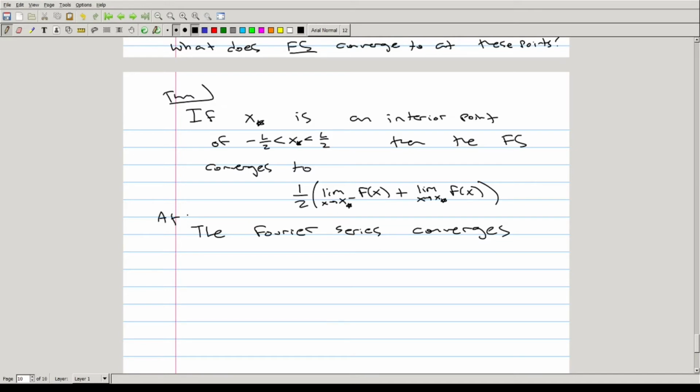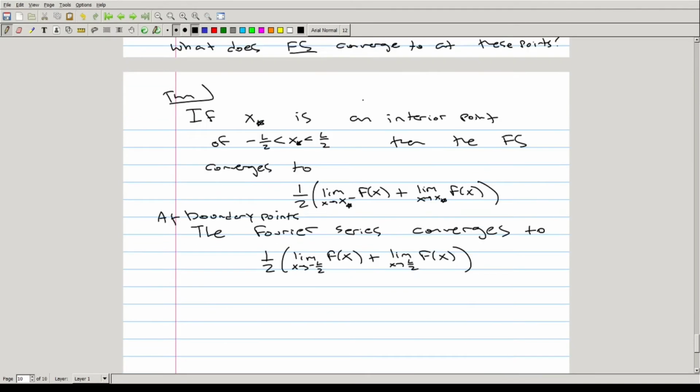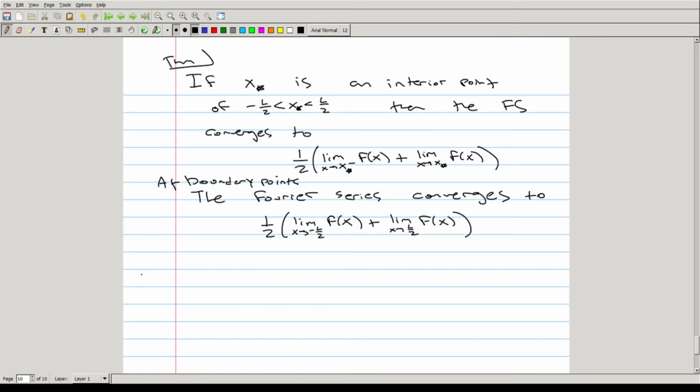So at the boundary points, on one period, the Fourier series converges to the average of the limit as x goes to negative L over 2 of f of x plus the limit as x goes to L over 2 of f of x. And I'm not going to go through and prove this, but the proof of this is in the book.